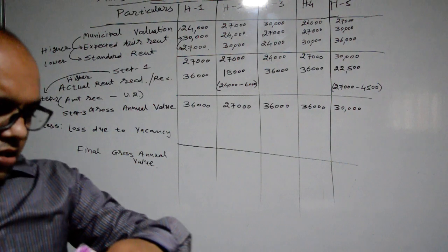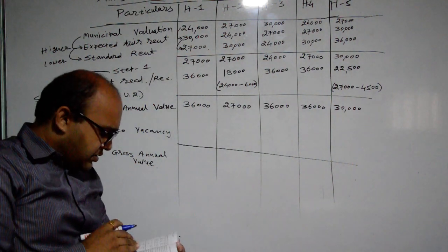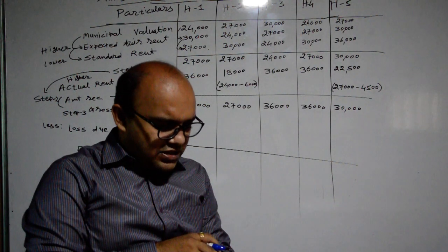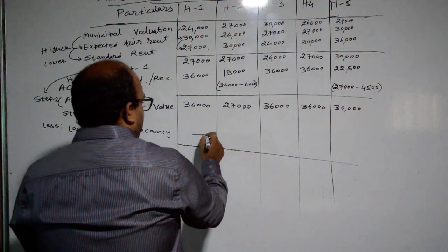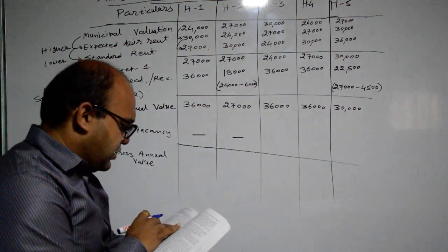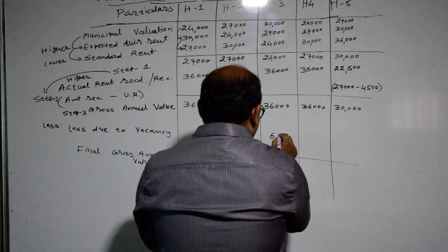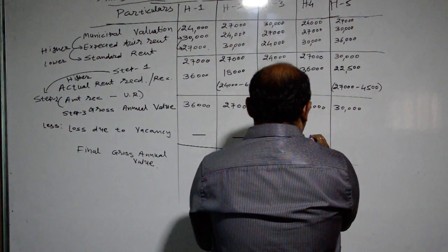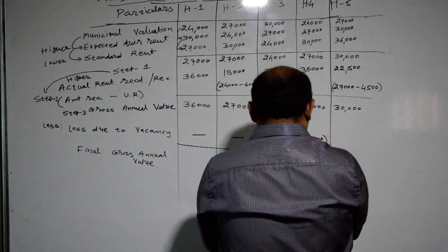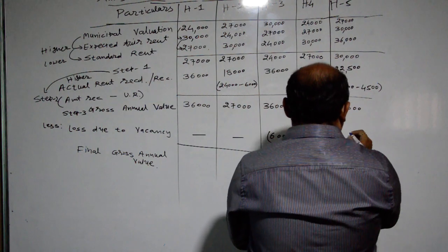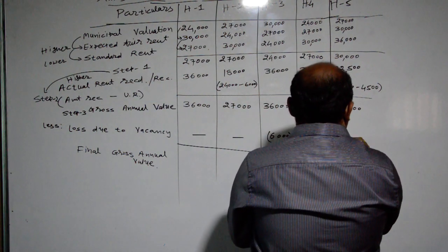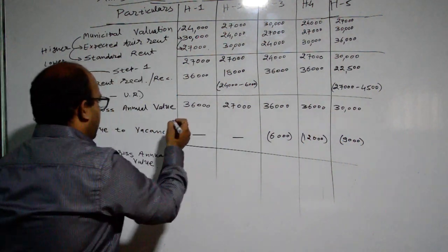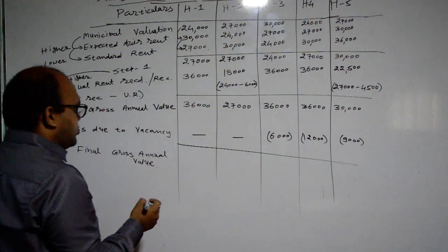Then loss due to vacancy, information is provided as loss of rent for the vacancy period. In house number 1 and 2 there is no loss due to vacancy. Then 6,000 in house number 3, in house number 4 it is rupees 12,000, and in house number 5 it is rupees 9,000. Our final gross annual value will be gross annual value minus loss due to vacancy.